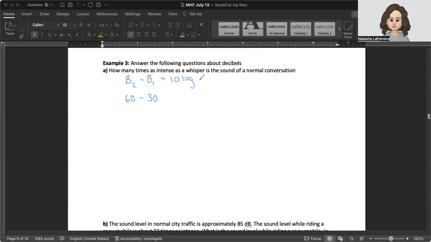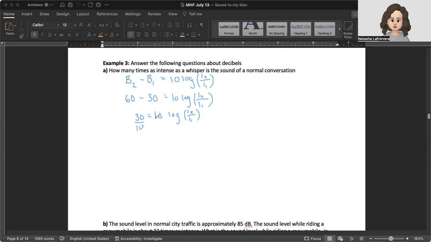Continue this equation, and we don't know what I2 and I1 are. So 30 is equal to 10 log I2 over I1.